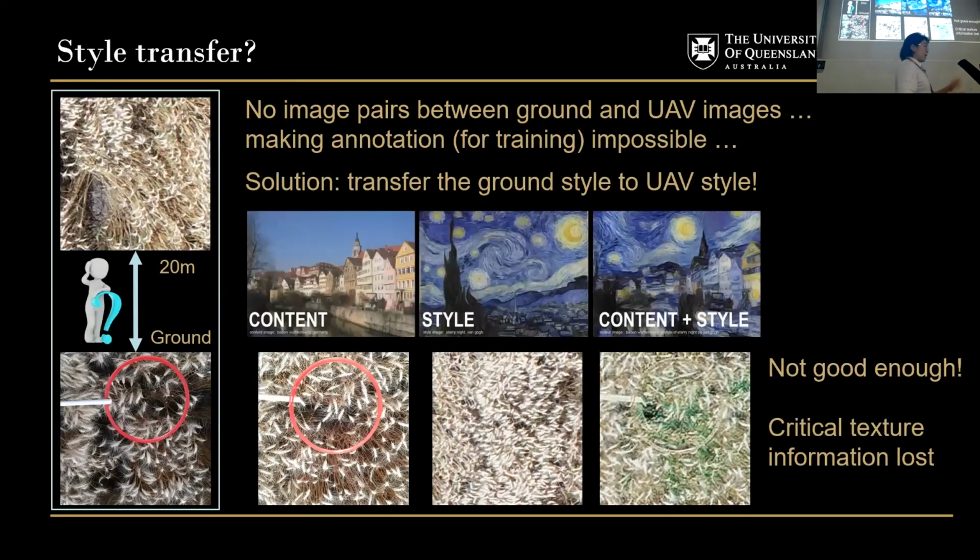Then apart from the resolution difference, we also have a large difference in the image style. The image style of the ground and the UAV image is largely different, as you can see from your left-hand side. So we are trying to adopt a style transfer module to transfer the UAV style into our ground style. Here on the first row is a simple example to show you how style transfer works.